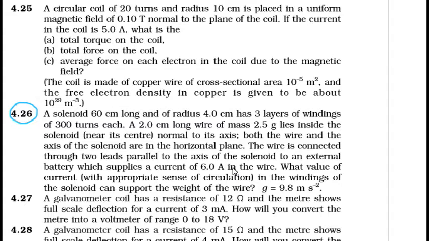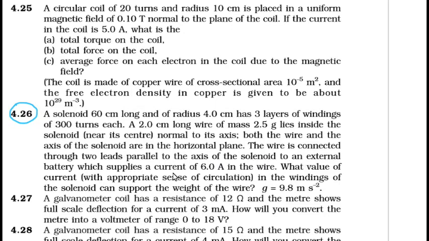Normal to its axis. Both the wire and the axis of the solenoid are in the horizontal plane. The wire is connected through two leads parallel to the axis of the solenoid to an external battery which supplies a current of 6 ampere in the wire.